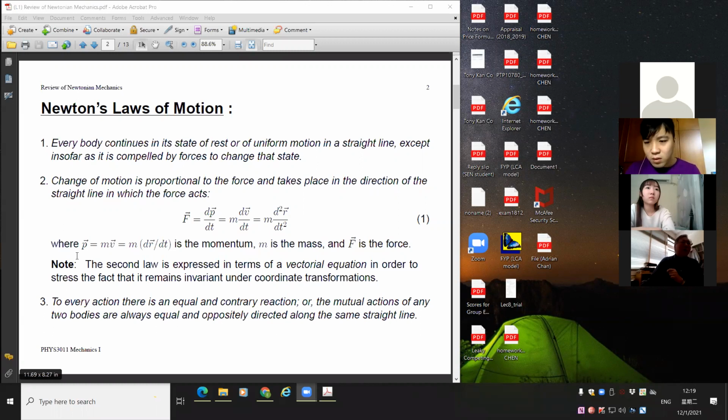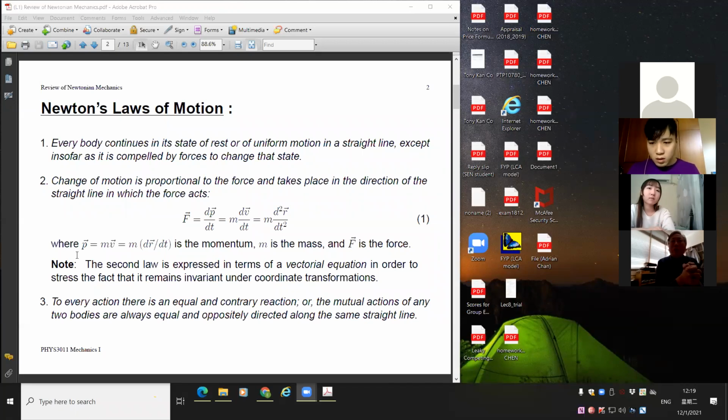The third law: to every action, there is an equal and contrary reaction, or the mutual actions of any two bodies are always equal and oppositely directed along the same straight line. So action and reaction are equal but in opposite directions, right?